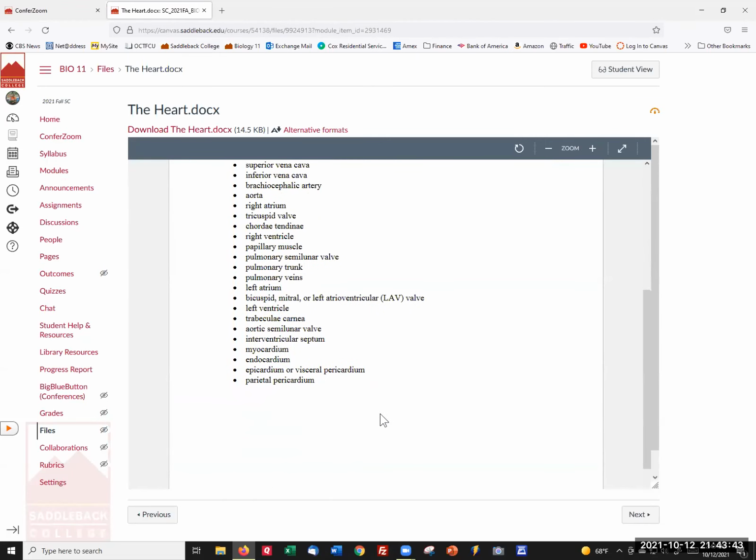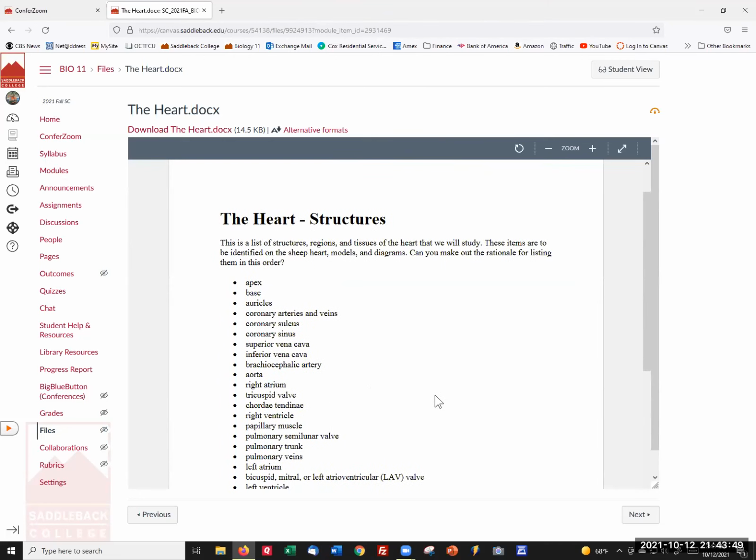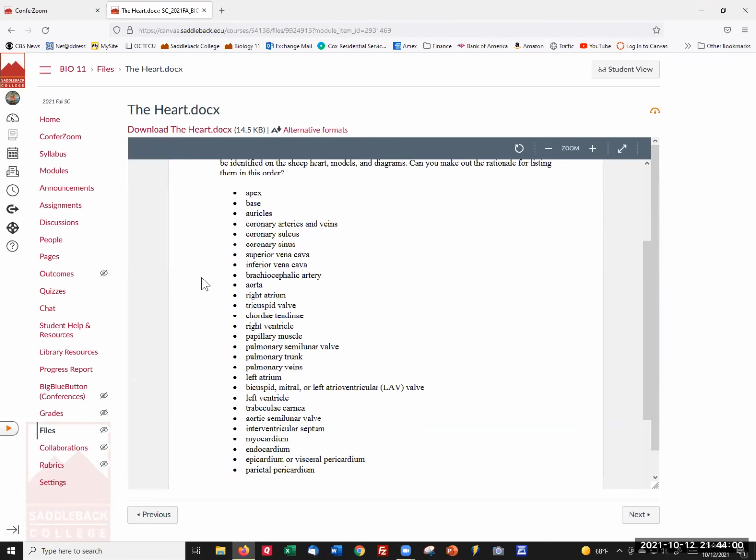So when you finally do your reading or start it after the practicum, please, okay, practicum first. Print this list out or have it on the screen for yourself so that you can begin to hone in on these structures. Of course, we'll be doing it in lab.